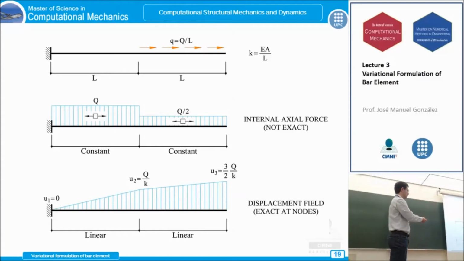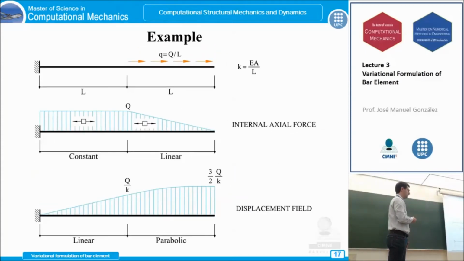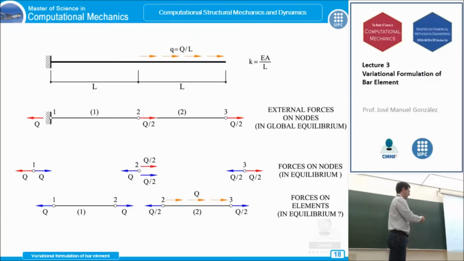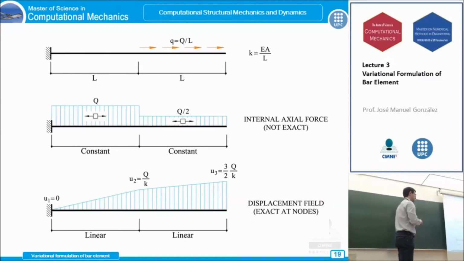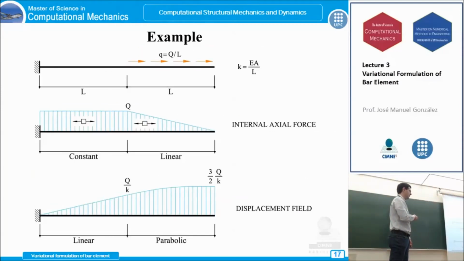We are expecting this result, linear and constant. But we get this solution in the discrete problem. And same thing with the displacement field. So we get the real solution in the nodes for the displacement, but not the behavior in the elements, because here it's linear. In the second half we were expecting a parabolic representation.